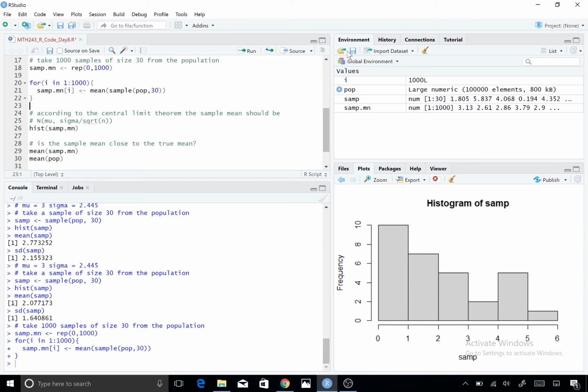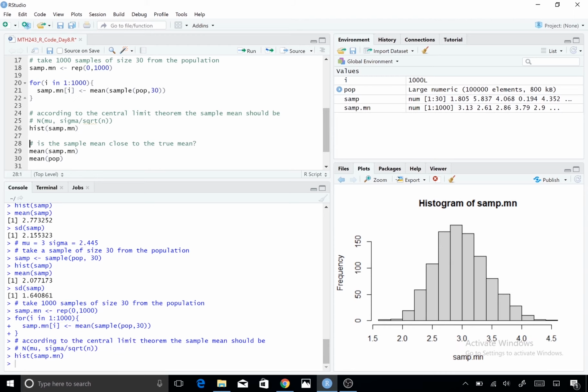So now we can see how well the central limit theorem holds up. The central limit theorem says that they should follow a normal distribution with mean 3 and standard deviation 2.445 divided by the square root of 30. If I draw a histogram of samp_mn, it should look pretty close to normal. And it does. That's enough of a symmetrical bell shape for me.